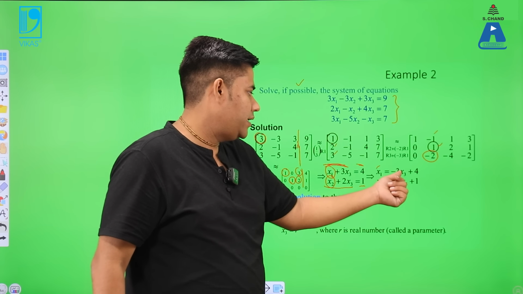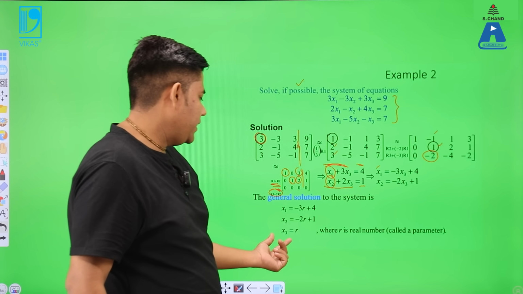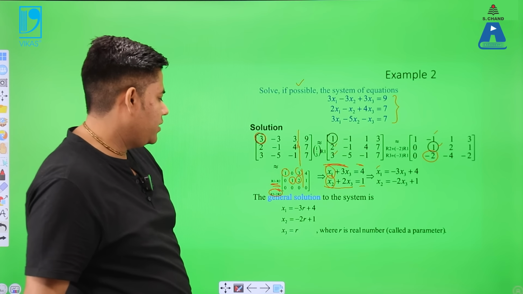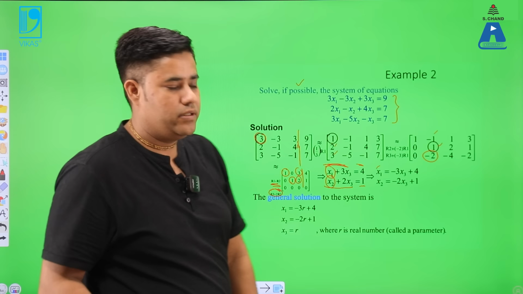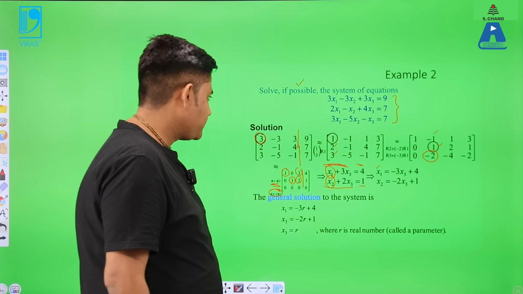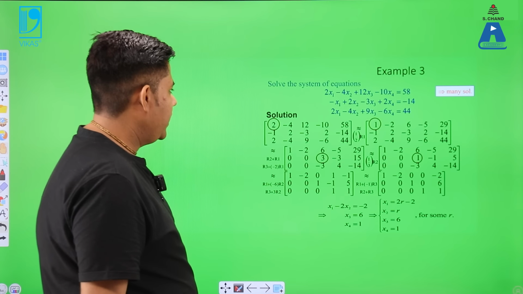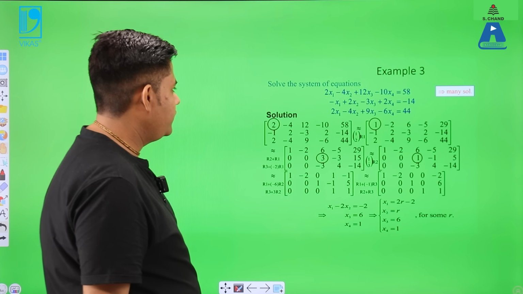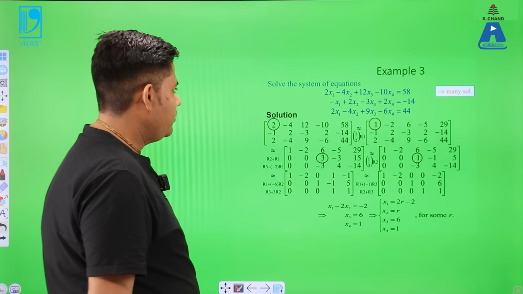So x1 would be minus 3r plus 4 and x2 is minus 2r plus 1, and x3 is r, where r can be any real number for that particular parameter. This is the case of that particular equation. And lastly, you have the case of the equation which is a multi-system equation.